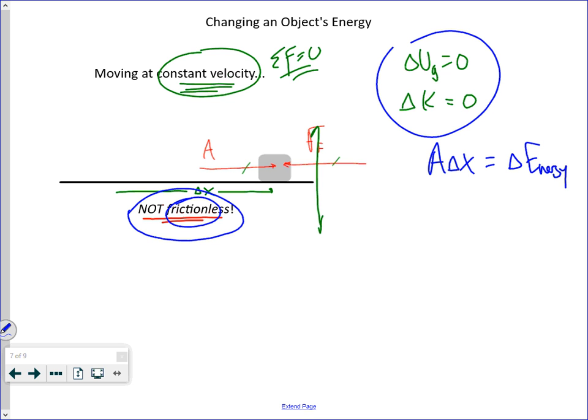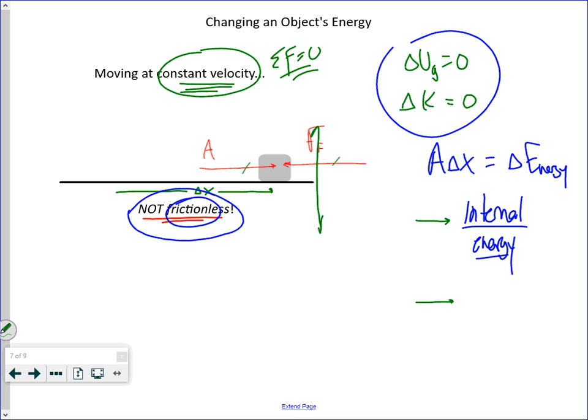It heats up. It gets warmer. We say its internal energy changes. Internal energy is proportional to a system's temperature. So we might say that we've turned kinetic energy into internal energy.